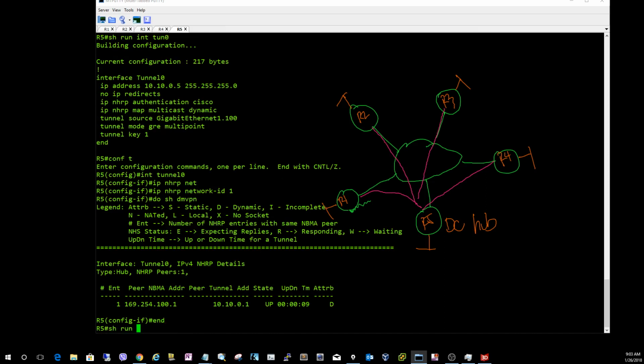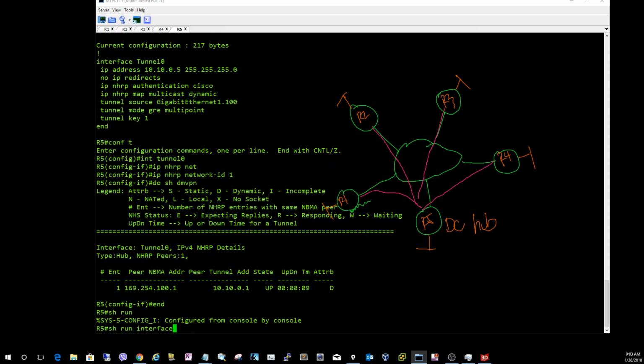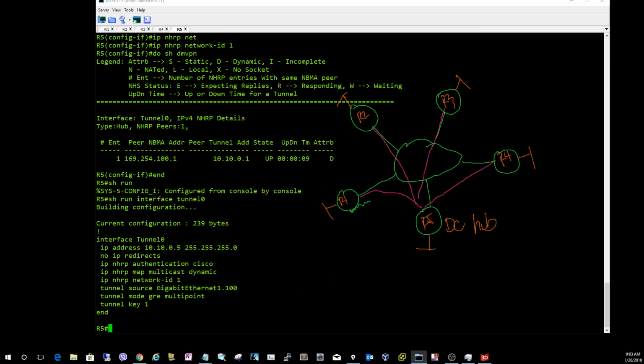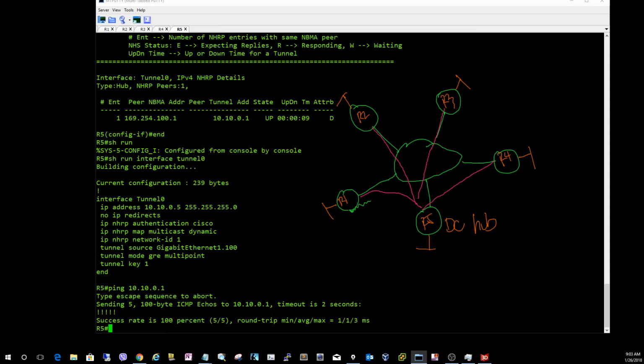So if we do show interface tunnel 0, and if we do a ping to 10.10.0.1, and that's a success.